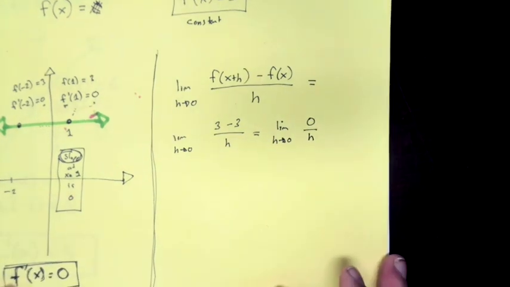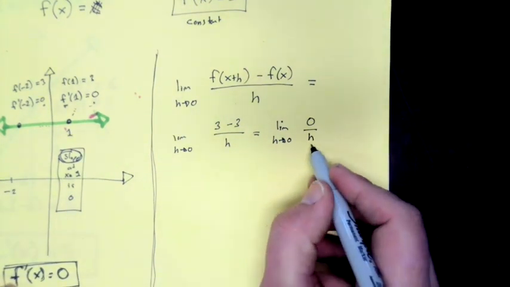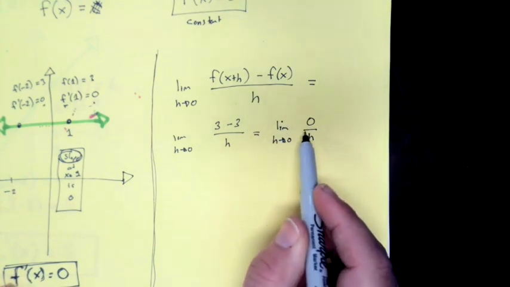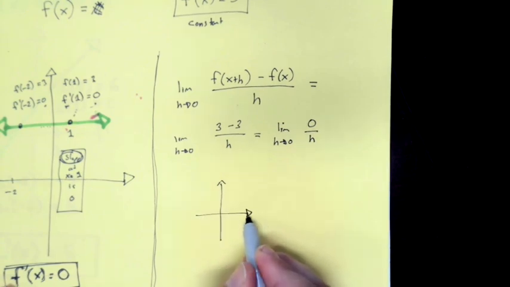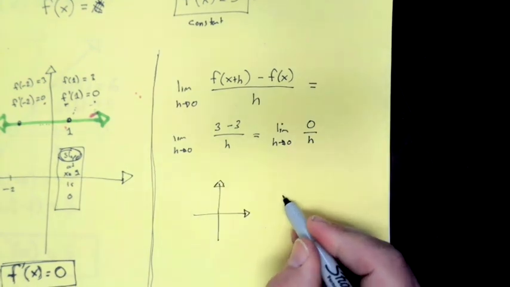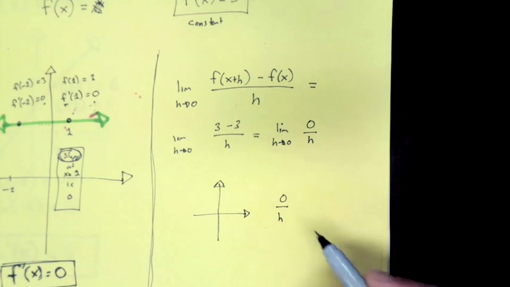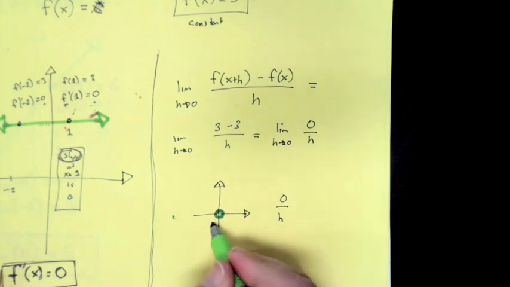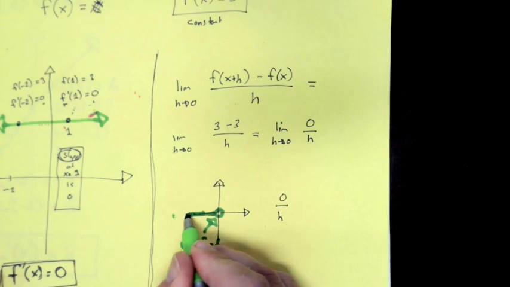But now I look at this and I say, well, it doesn't actually matter that I can't plug in h equals 0, because all that matters for a limit is what the trend is. This curve, if I looked at it and sketched it on the graph, if I looked at 0 over h and I was letting h get smaller and smaller and smaller, it would actually be undefined at h equals 0, but everywhere else it would take the value 0.